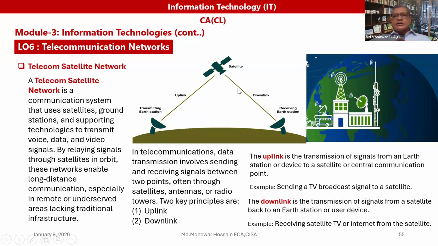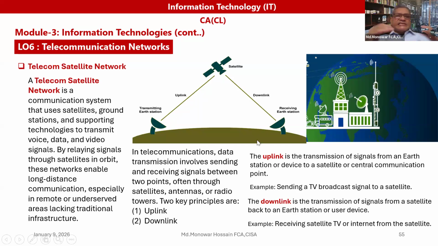And downlink is the transmission of signals from the satellite back to the earth station or user devices. For example, we receive satellite TV and internet from the satellite, and this is the downlink.